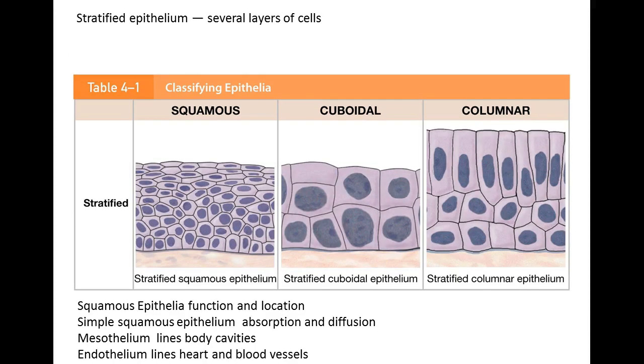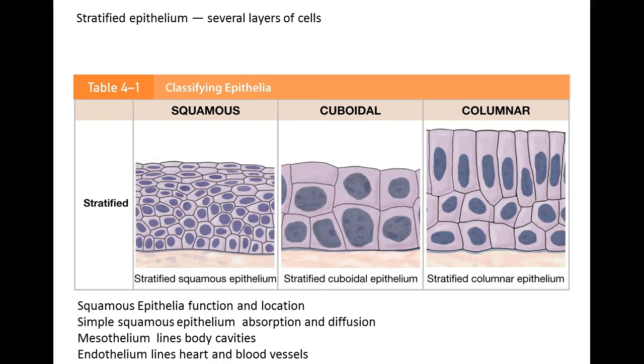And then here is your picture showing the stratified or the multiple layers. So again, you have the flattened cells. Squamous cells in multiple layers, we call that stratified squamous epithelium. You have multiple layers of cuboidal, stratified cuboidal epithelium, and the same thing with columnar.